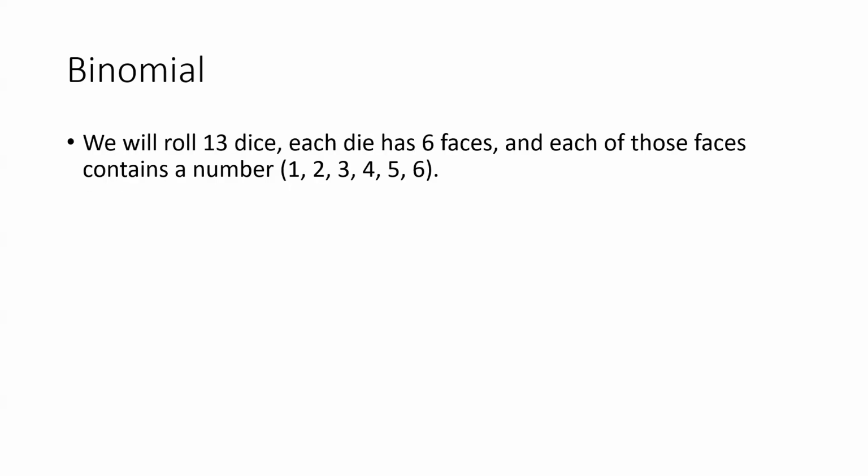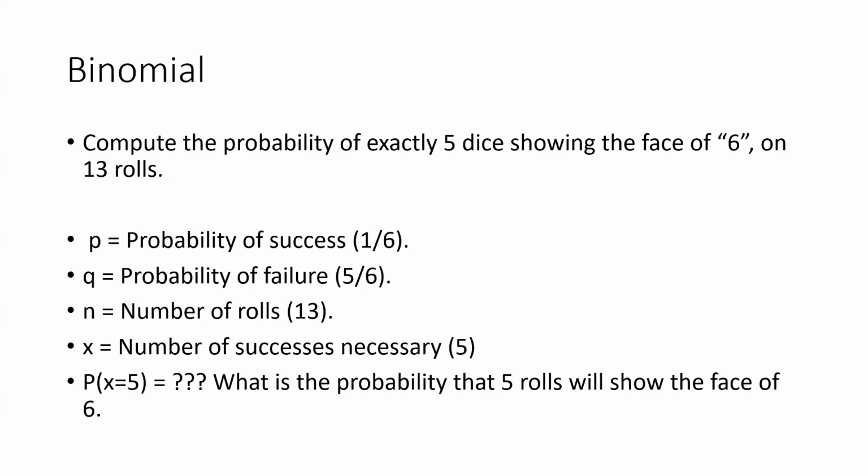So in this particular example, we're going to roll 13 dice. It's a fair die for each one of the dice, and each die, therefore, would have 6 faces, and each of those faces contains the number 1, 2, 3, 4, 5, or 6, because it's a perfect cube. We want to know the probability of exactly 5 dice showing the face of 6 on 13 rolls.